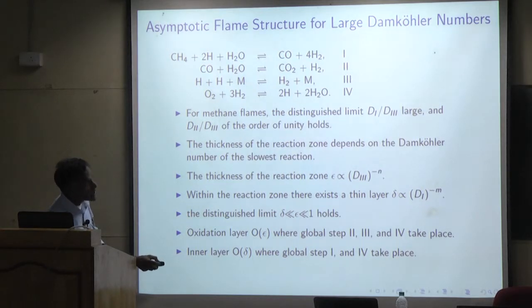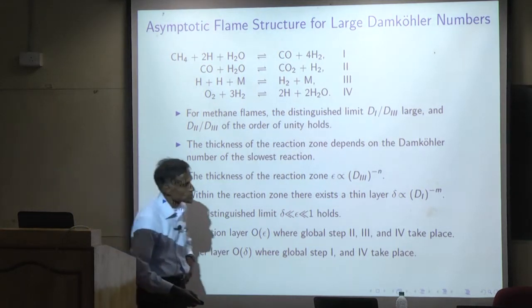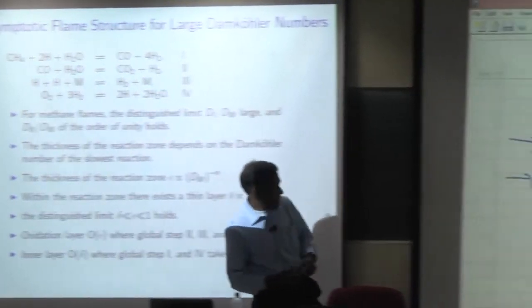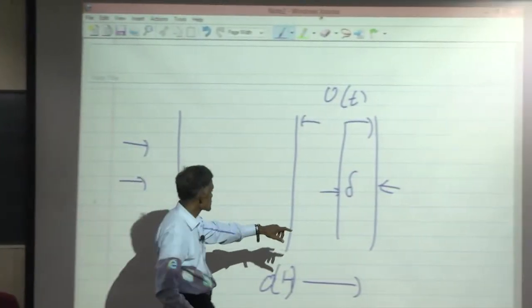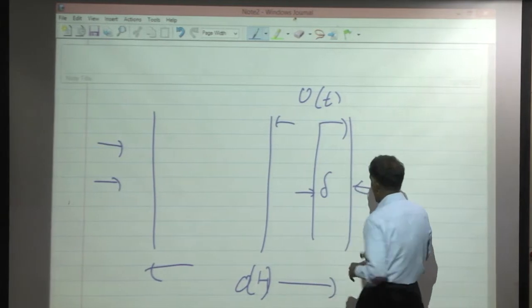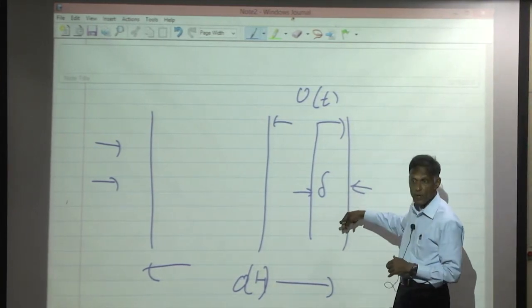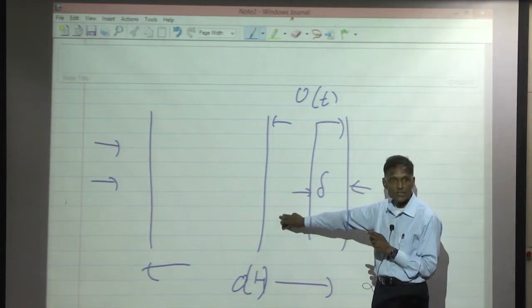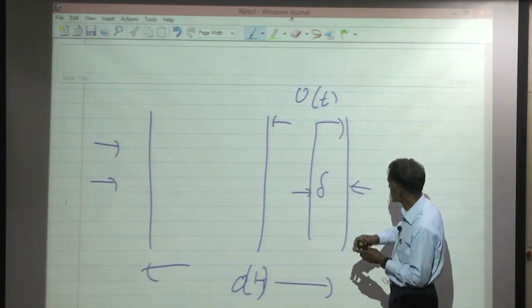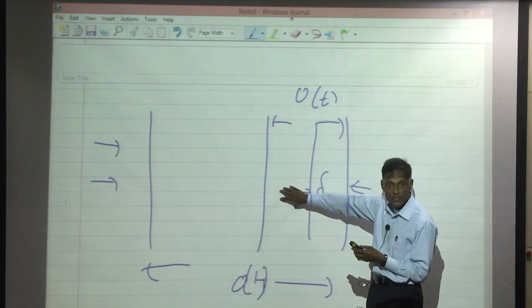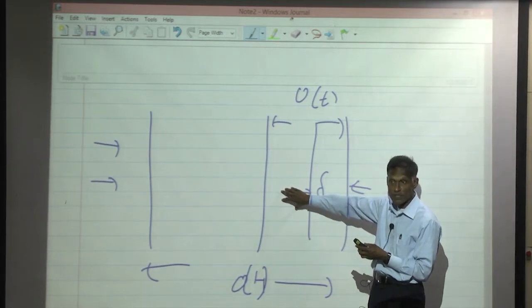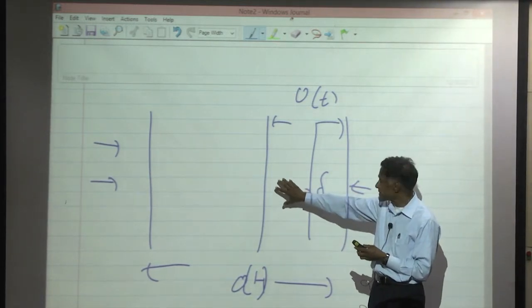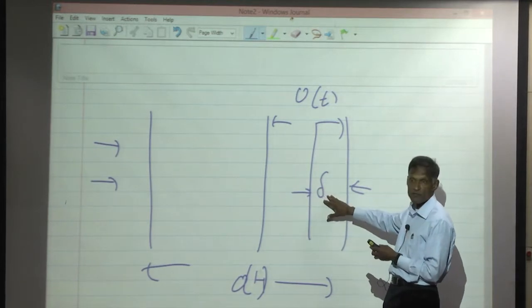We call that the oxidation layer because typically what's happening is that in the fuel consumption layer, only fuel is consumed, but oxygen is inert, it doesn't react. Oxygen only reacts in this layer. So the oxygen reacts with hydrogen and carbon monoxide to form the radicals, and those radicals diffuse back into the fuel layer.